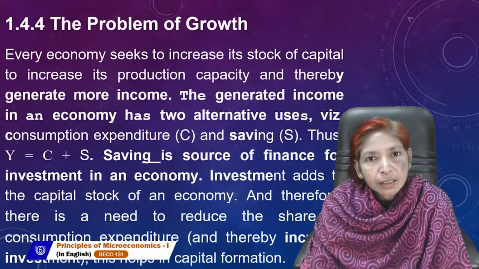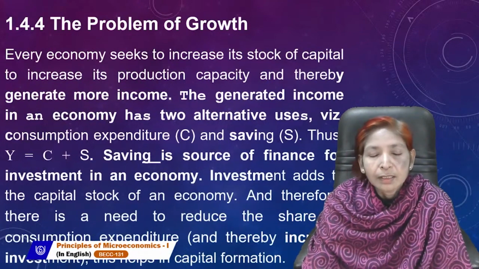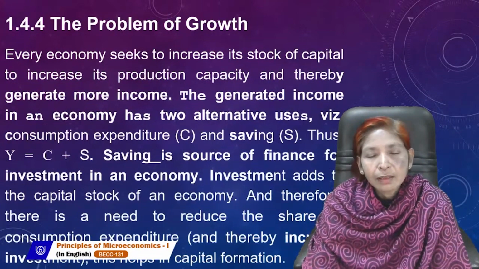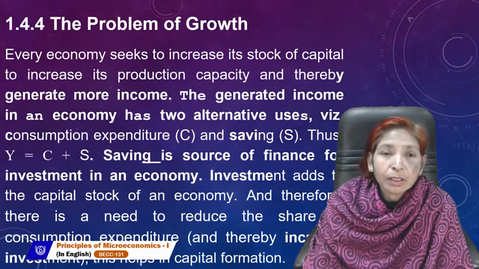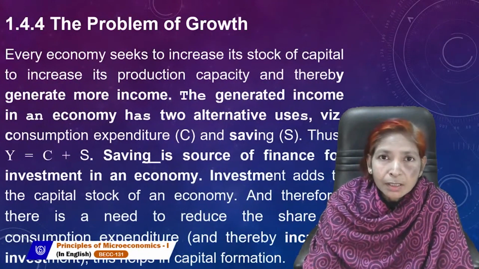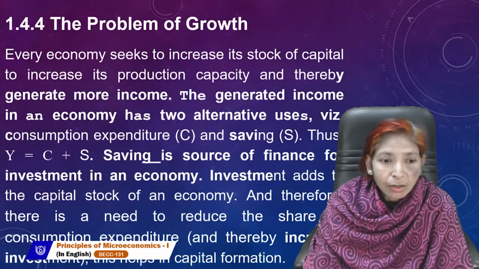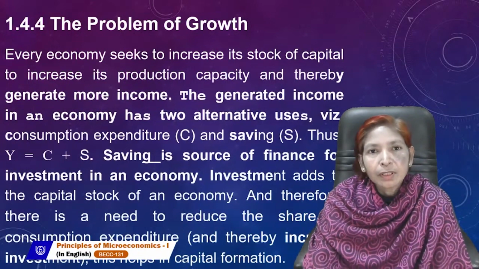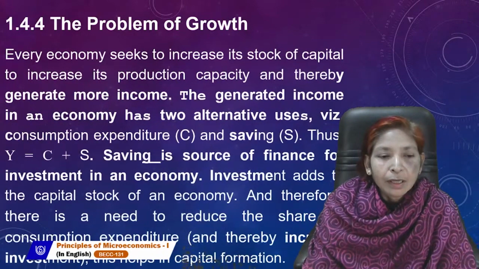If national income is increasing and side by side population is also increasing, then per capita income will not increase. And if per capita income does not increase, then saving will not increase. If saving does not increase, then investment will not increase. And if investment does not increase, then growth can't be possible. So growth is related with saving, consumption, and investment.